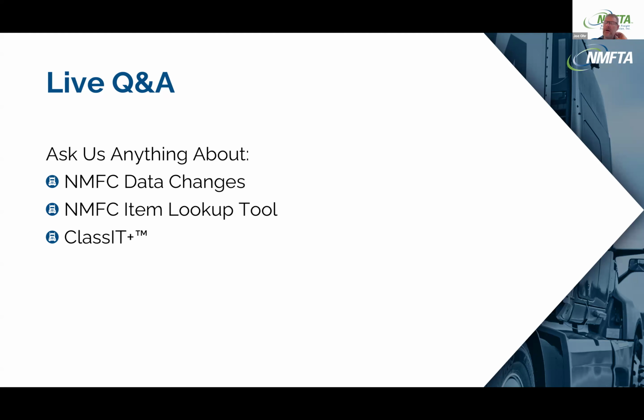Okay. And Holly, I know we've got one more minute, so I'm going to ask you to be quick on this one. Talk about when a customer transitions, how long are we going to leave the current ClassIT up? Yeah, absolutely. So it'll be up through the fall. Originally, it was supposed to be until October, but I believe we pushed it out till November.